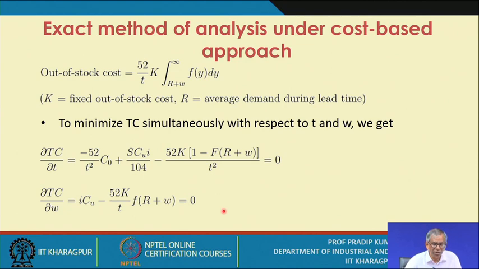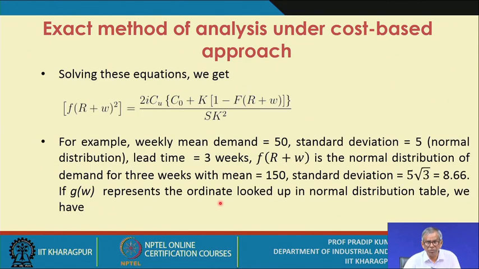Then you follow the steps to get the solution. Solving these two simultaneous equations, ultimately you get these expressions: f of R plus W squared equals this, the right hand expression in terms of the known parameters and some factors.